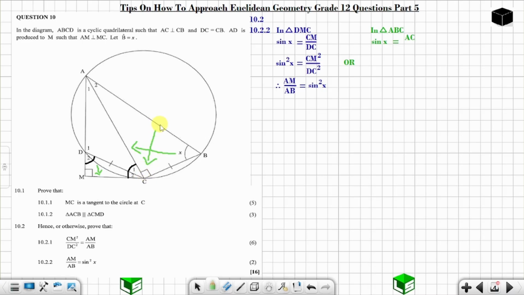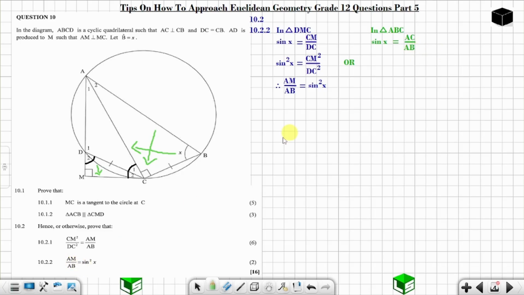The side opposite the right angle is always the hypotenuse. This is the longest side in a right triangle. So, sin x is equal to opposite of angle x, AC, over hypotenuse, AB. We need to have this. We have AB in the denominator.